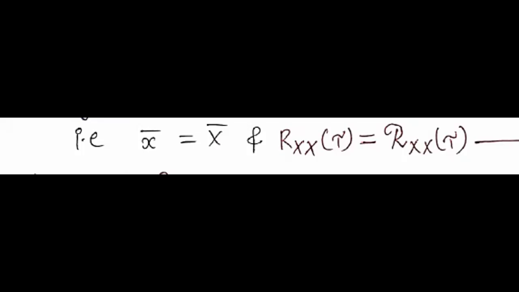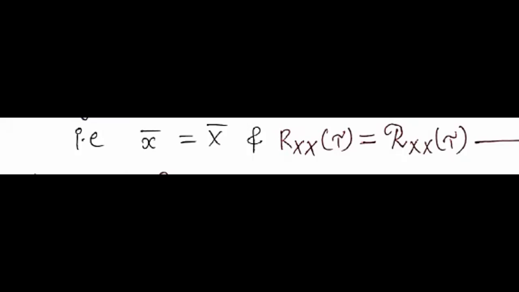Now we will see what a jointly ergodic process is. Let us consider 2 random processes x of t and y of t with sample functions small x of t and small y of t. Then the 2 random processes are said to be jointly ergodic if they are individually ergodic, and also the time cross correlation function is equal to the statistical or ensemble cross correlation function.